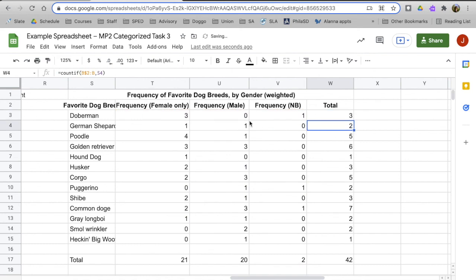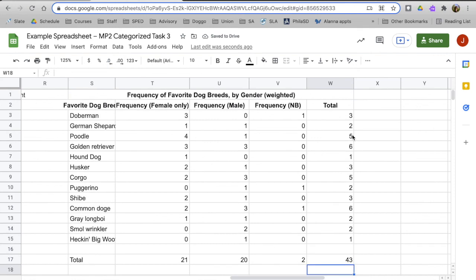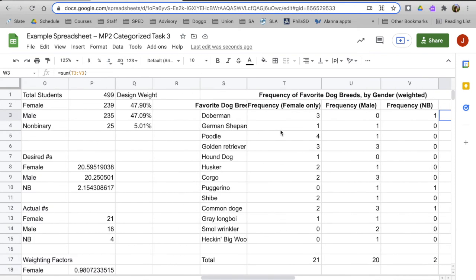And that's going to add it up. And just scroll all the way down. You just fill that all the way down. Equals this, and we're going to fill that in. And so what we have here is now a new set of totals.